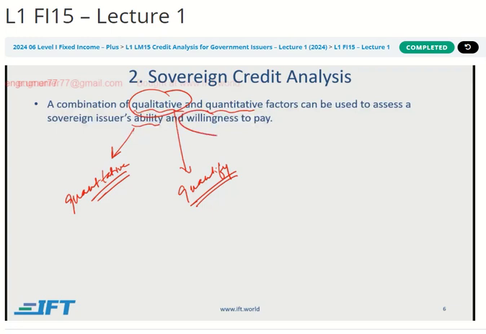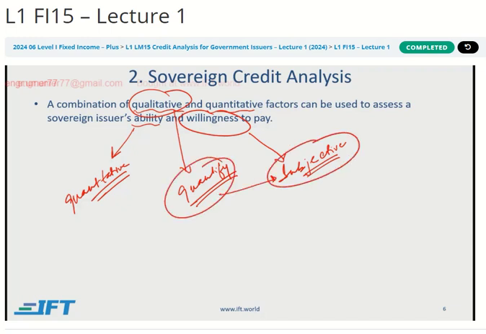But with respect to the willingness, again, that is a subjective point, right? It is a qualitative point: are the politicians in that country nice? Are they good people? Are they going to stand by their promises? So this has to be something which needs to be quantified before we can take a decision in terms of whether we want to lend to this particular country.